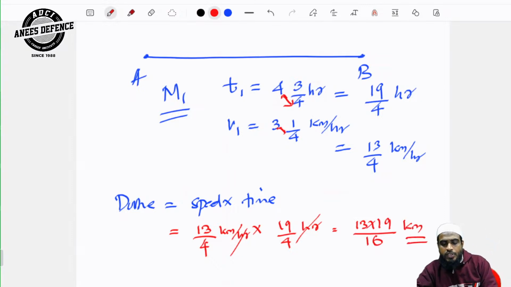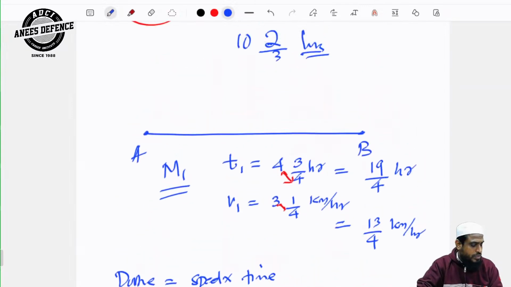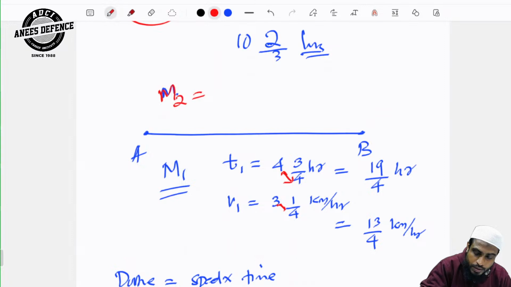This is the distance between A and B. The question given is, the same distance is traveled by some other person. The velocity of man 2 is 3 1 by 6 kilometer per hour.